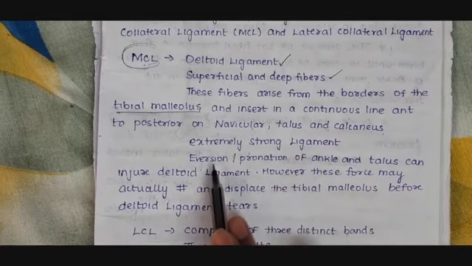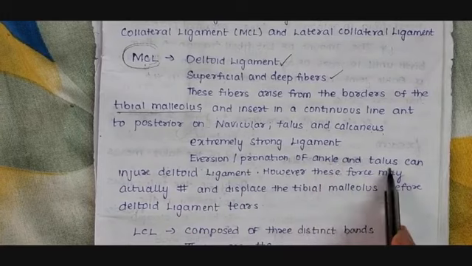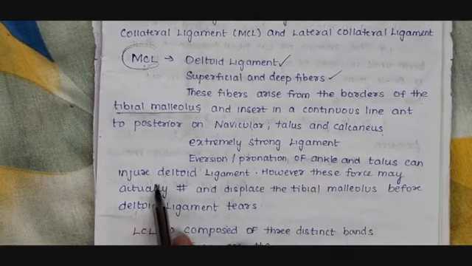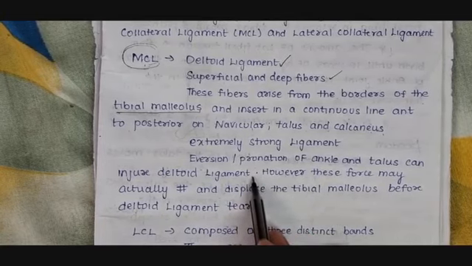Excessive eversion or pronation of the ankle and talus can injure the deltoid ligament. But as I said previously, this is the strongest ligament.